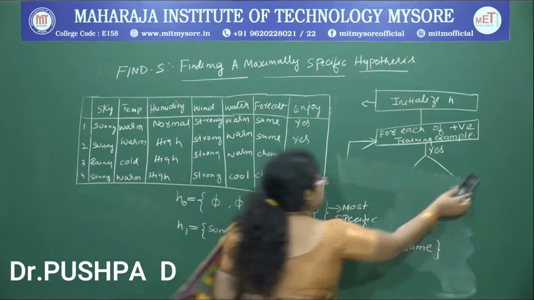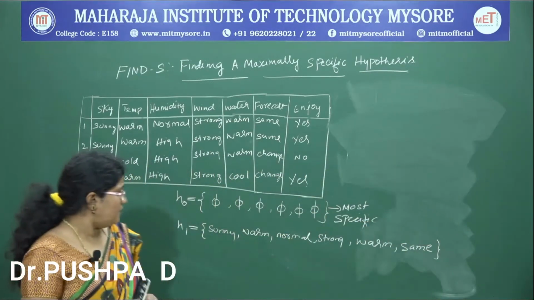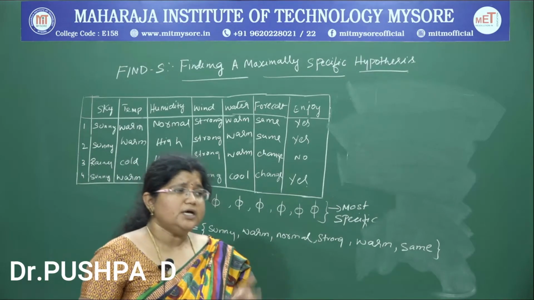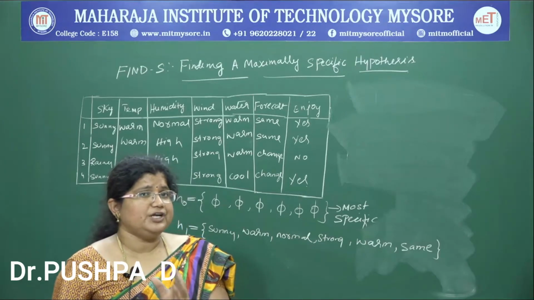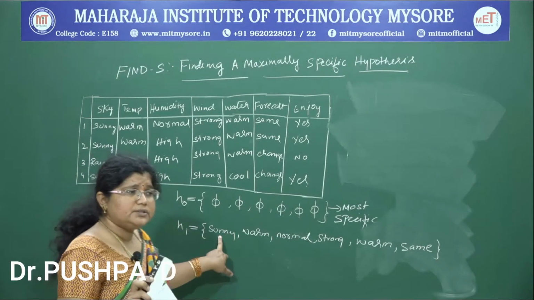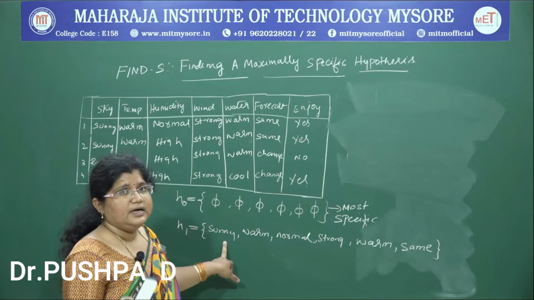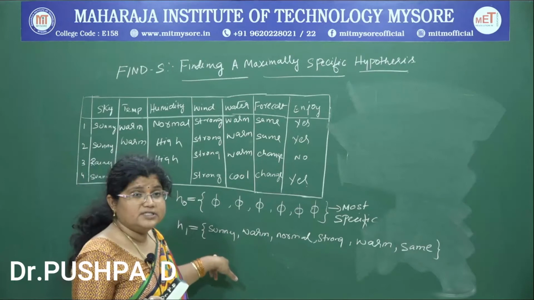Now let us check whether this H1 hypothesis, the newly generated hypothesis, is matching with the next coming positive training examples. Now, when you look at this hypothesis, it is consistent. It gives a positive result and is consistent with the target concept.